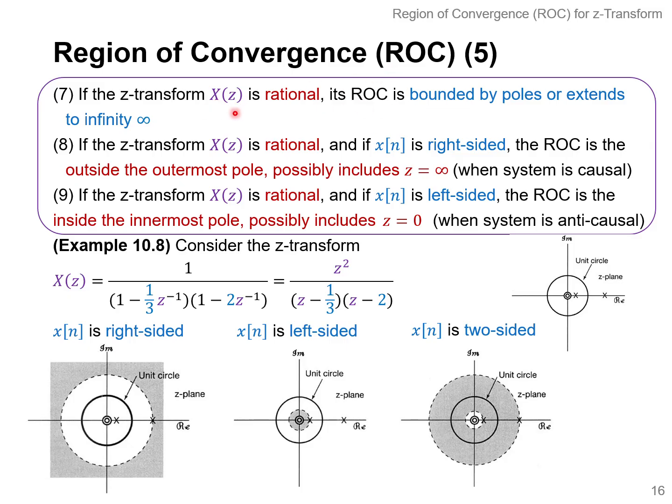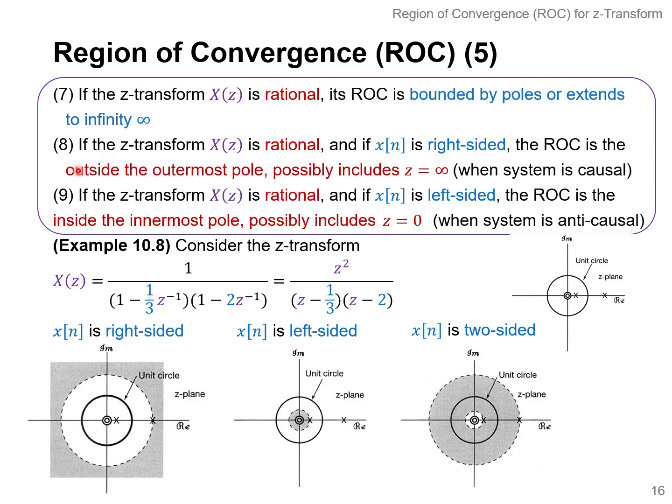If X of Z comes from a rational function, meaning it's a ratio of two polynomials, then the ROC is determined by the positions of the poles. The poles mark where the transform becomes infinite, so the ROC must avoid those points.